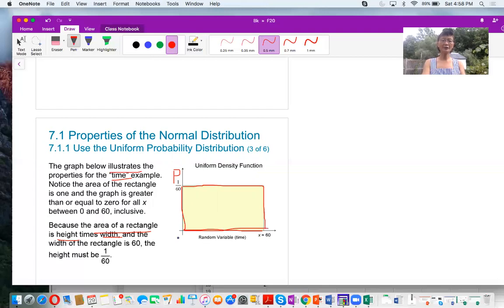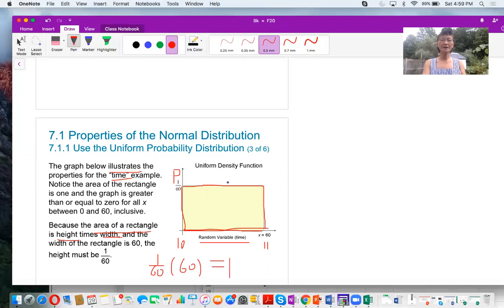Over this direction, x equals 60, again because from 10 a.m. to 11 a.m. you have 60 minutes. That is the random variable x. So let's check the two criteria. One, the area is equal to 1: the rectangular area, height times width, equals 1.